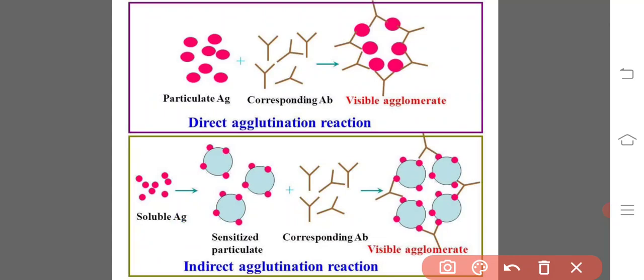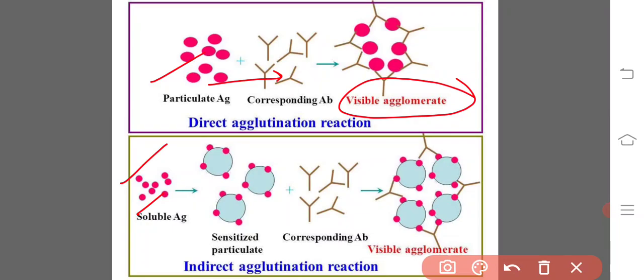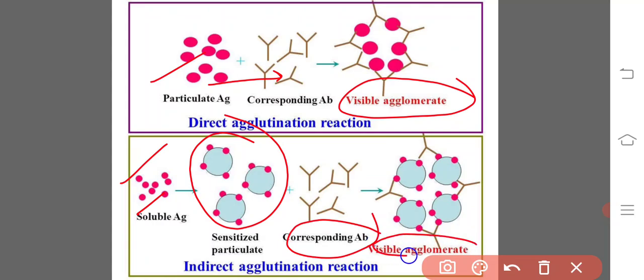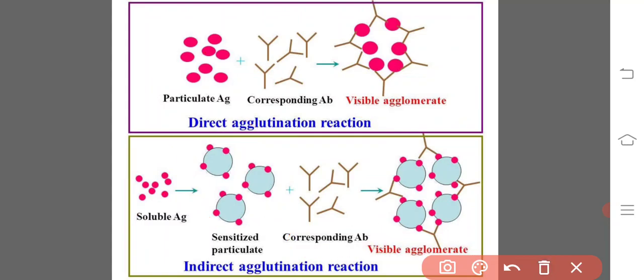See here the difference between these two: here it is a particulate antigen, but here it is a soluble antigen. Particulate antigen directly binds to the corresponding antibody and forms the visible agglomerate, whereas the soluble antigen comes in contact with the sensitized particles, and both of them undergo the reaction with the corresponding antibody and form the visible agglomerate. So this is indirect agglutination reaction, whereas this is the direct and this is indirect agglutination reactions.